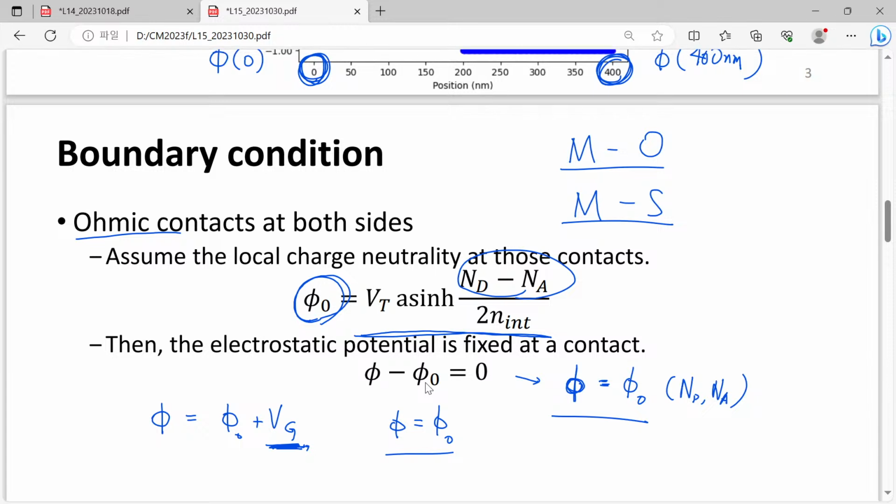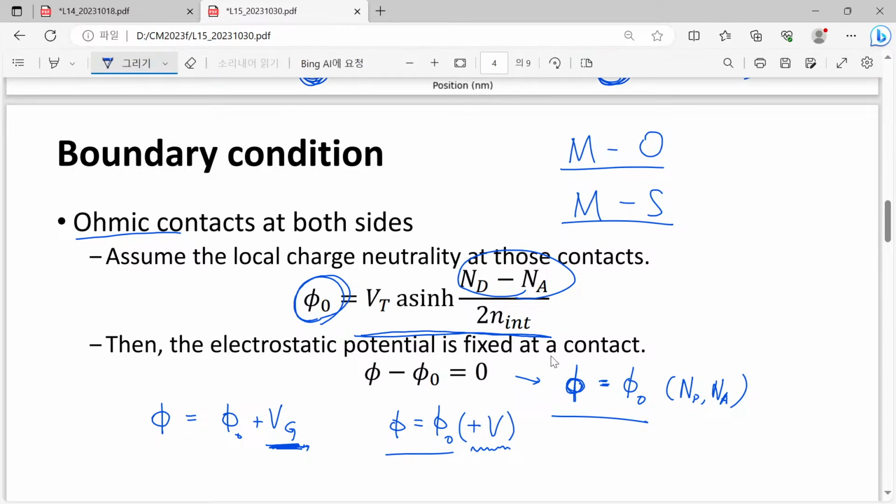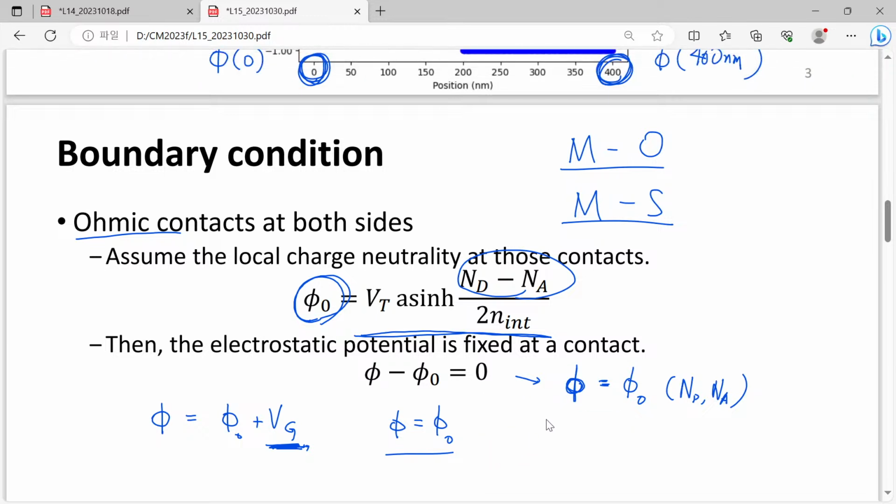If we have a certain applied voltage, then it's true that we can just add this one. But this will be reserved for our next discussion. For a while, just consider the case where our applied voltage is exactly 0 volt. Since it is 0 volt, we can apply the electrostatic potential equal to the equilibrium potential.